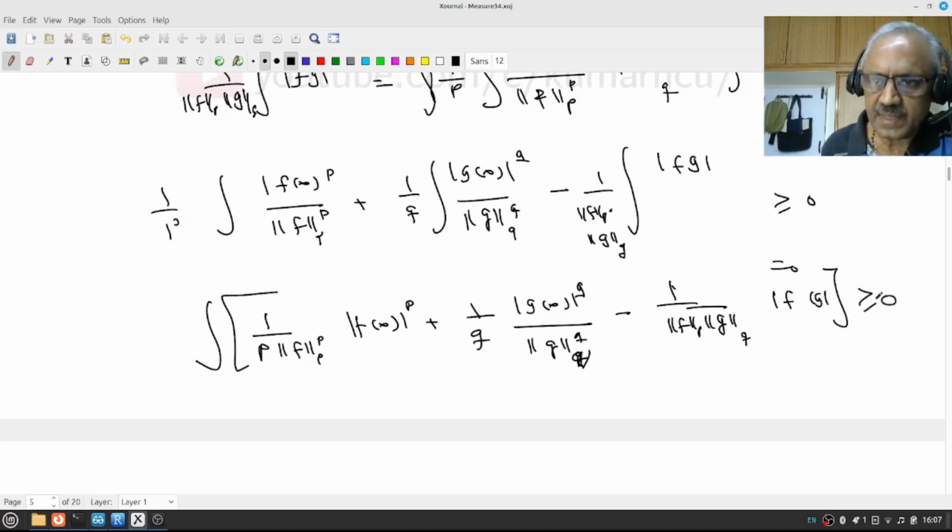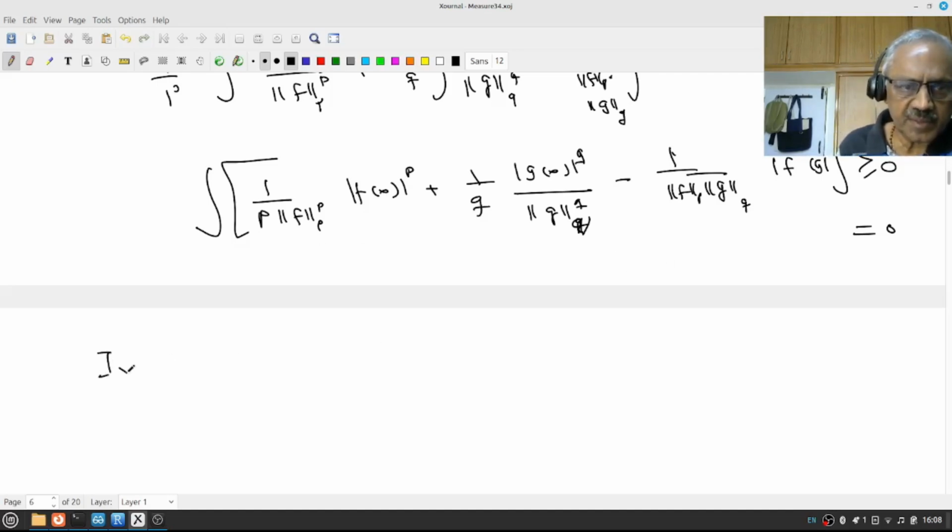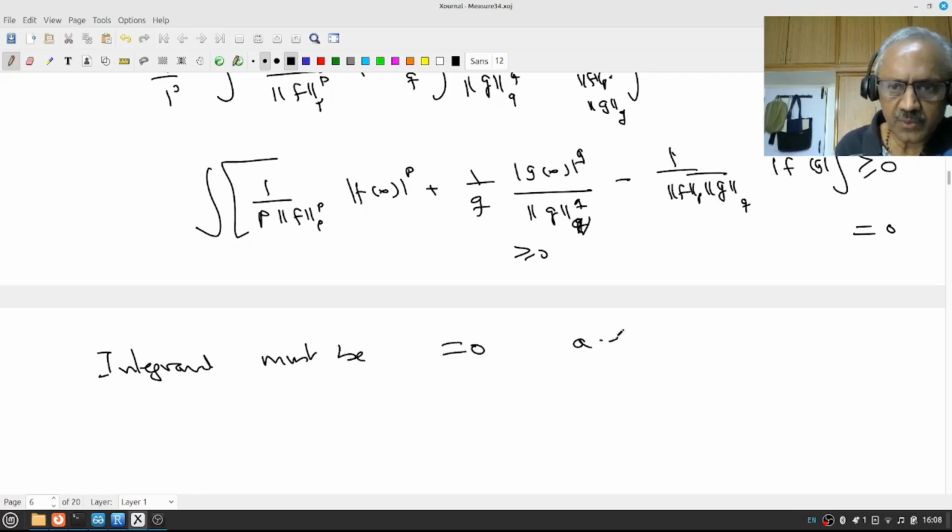This integral is greater than or equal to 0, and now we are claiming it's equal to 0. Is that okay? Now notice that if this is equal to 0, that means the integrand must be 0 almost everywhere. Because this is a non-negative function and its integral is 0, the integrand must be 0 almost everywhere, of course, with respect to the measure mu.